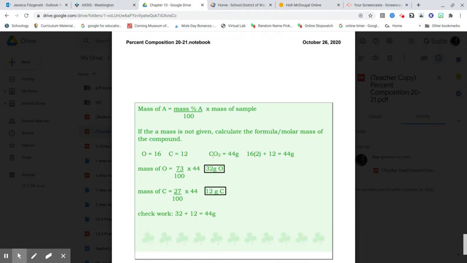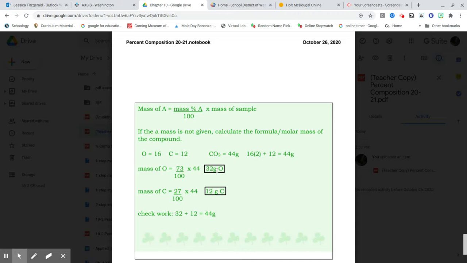So we have 1 carbon, 2 oxygen, so that ends up being a total of 44 grams. So I'll take 73 divided by 100 times 44, and that gives me 32 grams of oxygen. I found that the percent of carbon was 27, so 27 divided by 100 times the molar mass, which is 44. So I end up getting 12 grams of carbon.